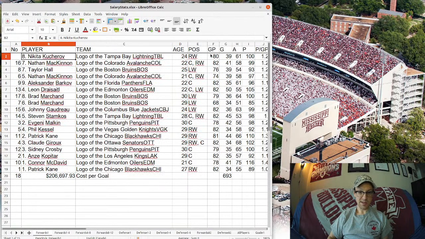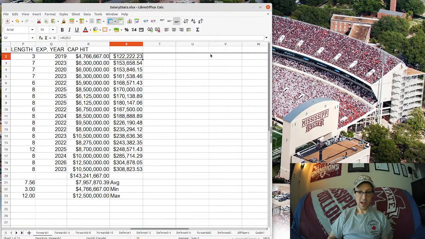So least expensive per goal was Kucherov when he was making 4.7 million, and it was $122,222 per goal.